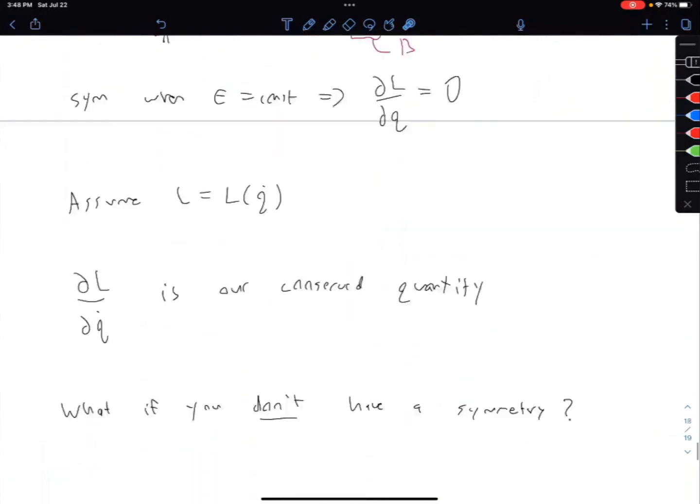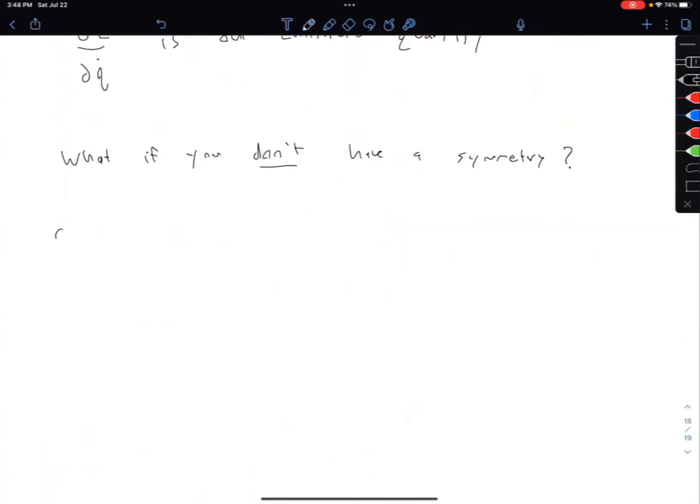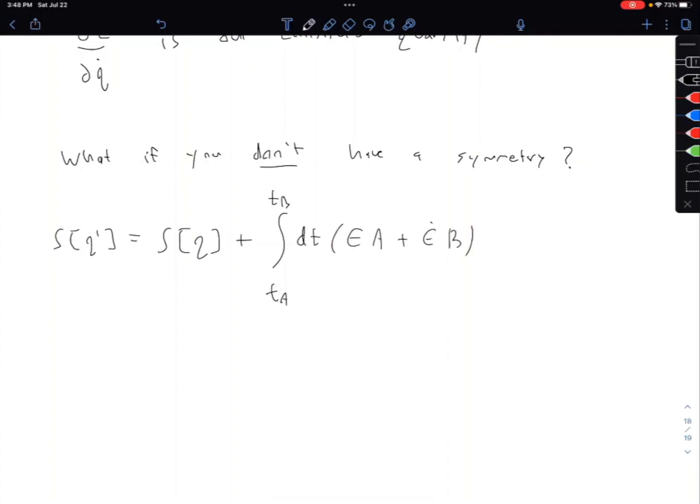So if it's not a symmetry, then after you make epsilon depend on time, you're going to have this, and A will not be 0.